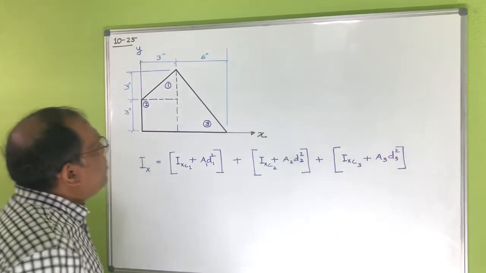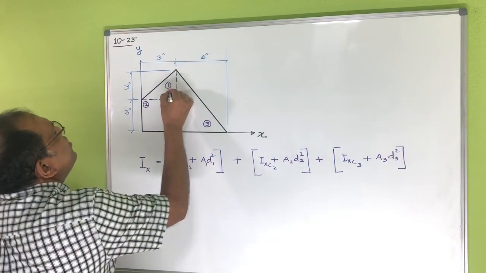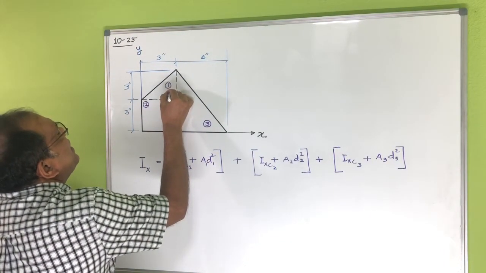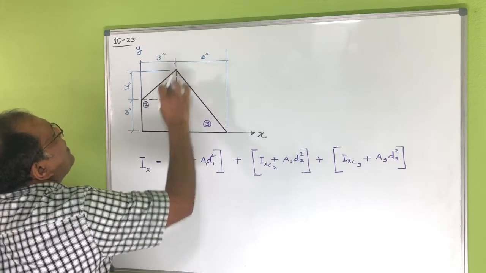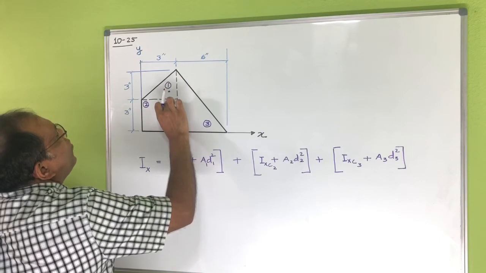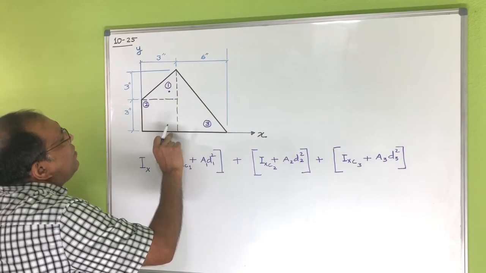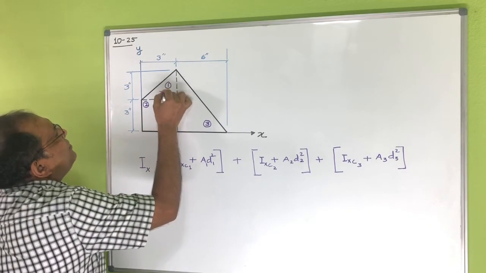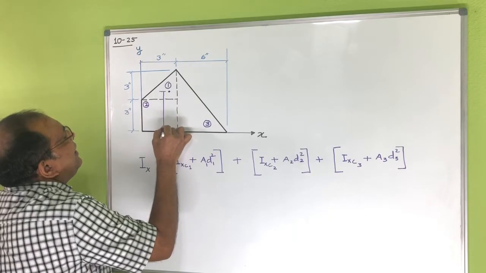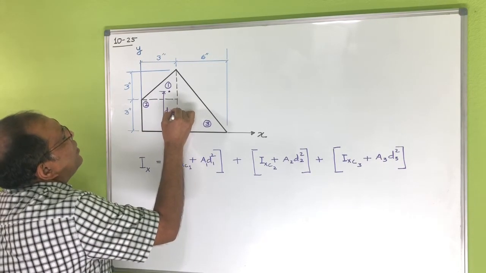Now this is important: where is the centroid? For this one, the centroid is here. It's 2/3 from the apex and 1/3 from the base. So 1/3 from here to here is 1 inch, and from the x-axis, the total d1 is 4 inch.